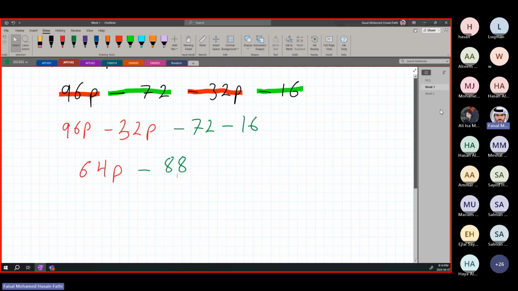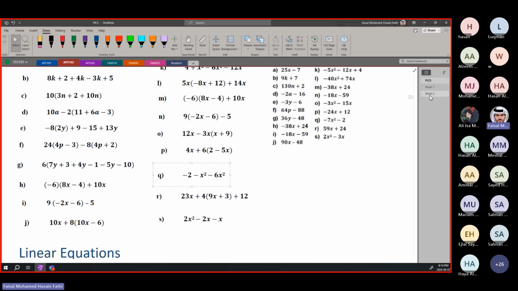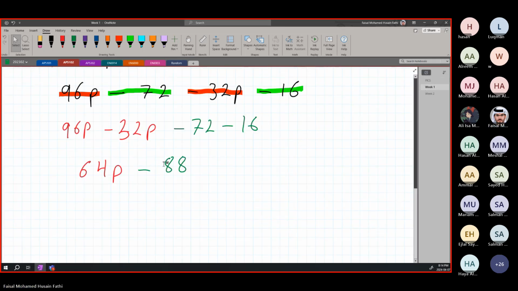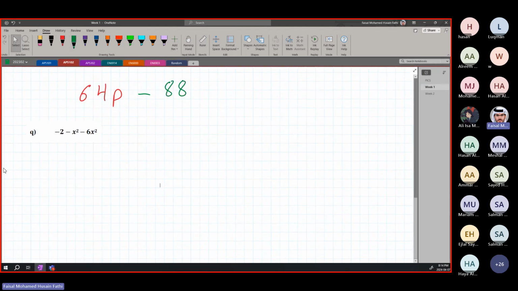We're just simplifying expressions, and this is the same concept for everything else as well. But let us look at this. Let's say we have minus 2 minus x squared minus 6x squared.